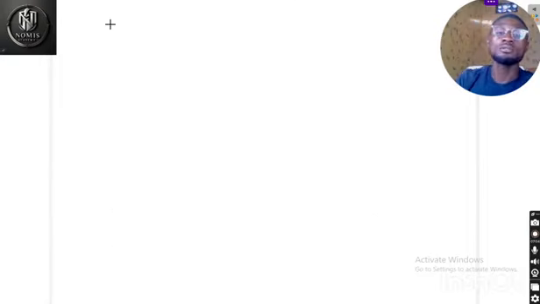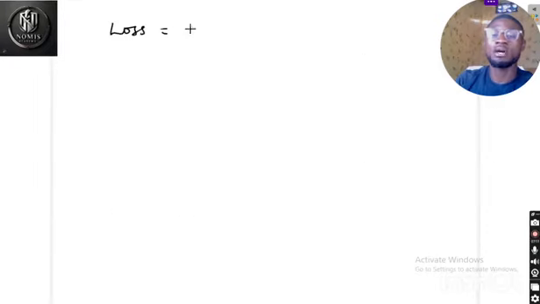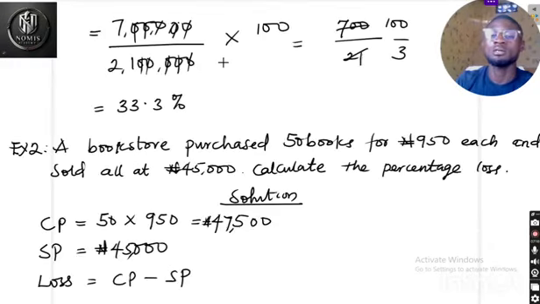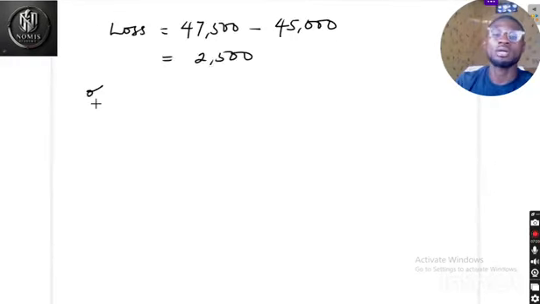The cost price is 47,500 minus 45,000, which is the selling price. So the loss is 2,500 naira.